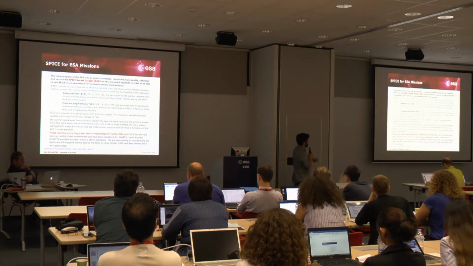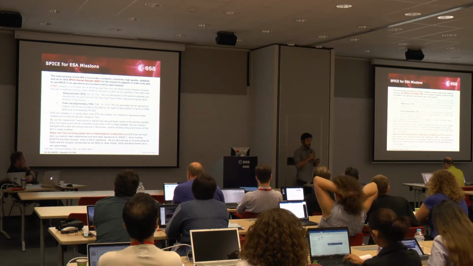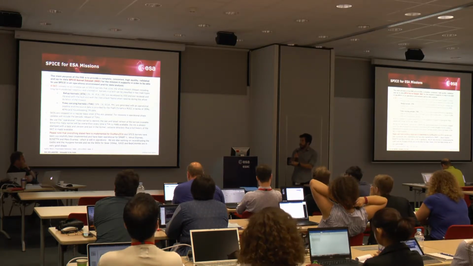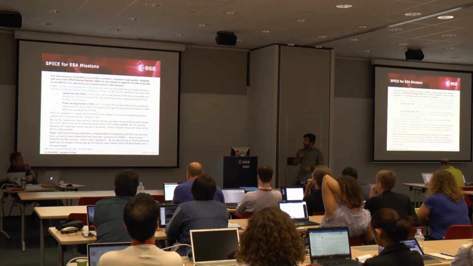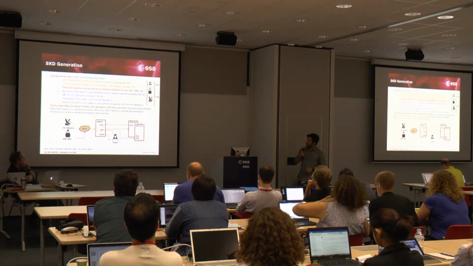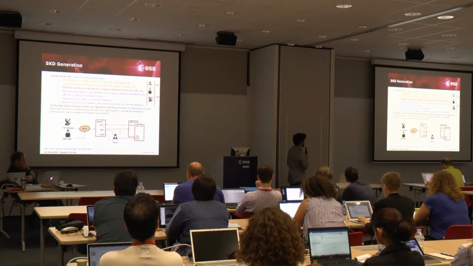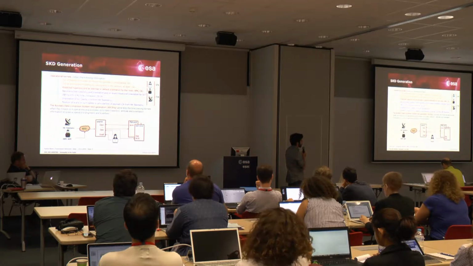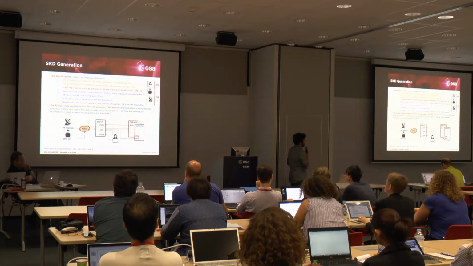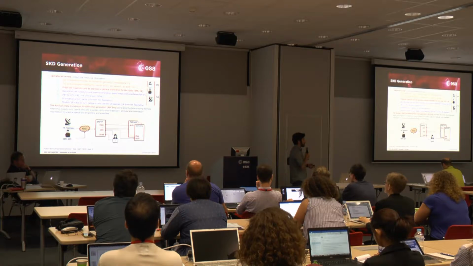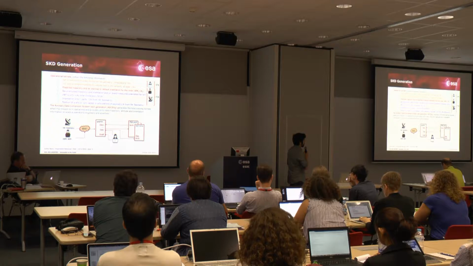Now, as I mentioned before, what I have outlined is already in place for all the missions that we are providing kernels for. So the way it works, in a nutshell, if we roughly classify the type of data that we use and the type of kernel that we produce: whenever we start with a new spice kernel dataset, as we are doing right now, for example, for the ExoMars rover, the first thing we need to do is model a set of reference frames of interest for the geometry computations that we want to perform.